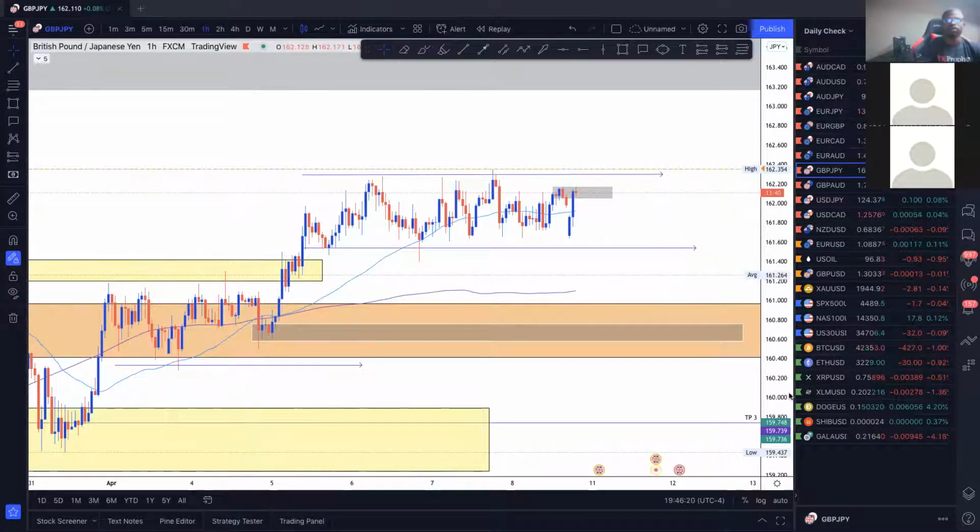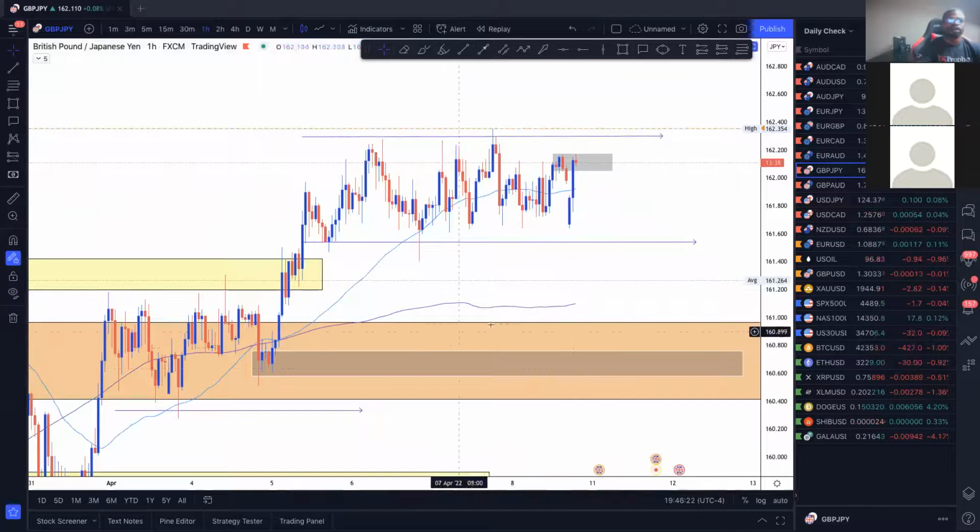So with this trade, we'll wait for a candlestick confirmation versus an aggressive entry, because it could continue to break through these lows. Okay. We also have liquidity imbalance here.